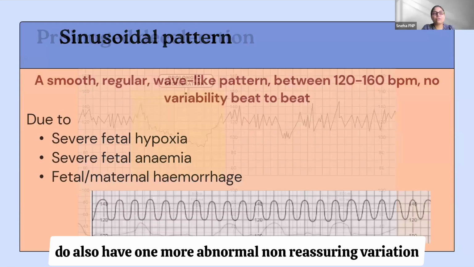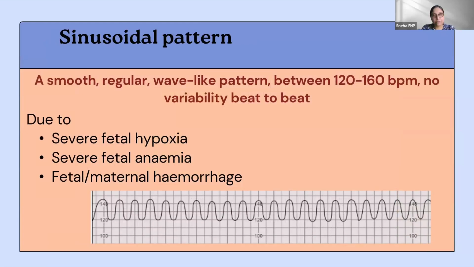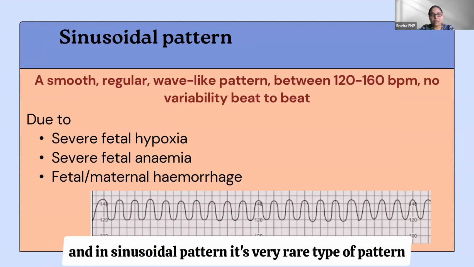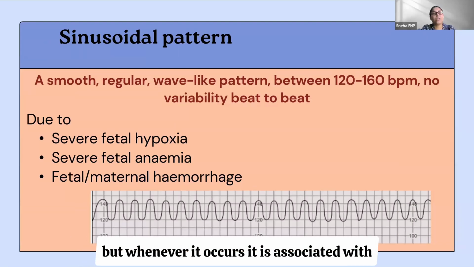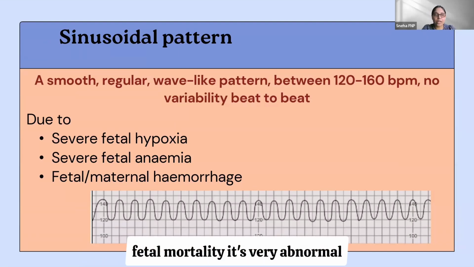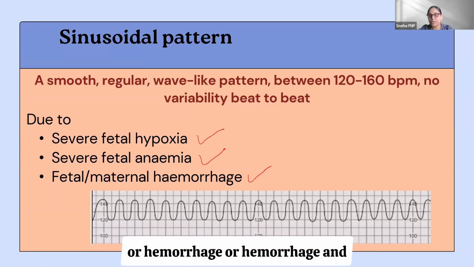We also have one more abnormal, non-reassuring variability pattern, the sinusoidal pattern. It's a very rare type of pattern, but whenever it occurs, it is associated with fetal mortality. It's very abnormal, and it occurs because of fetal hypoxia, fetal anemia, or hemorrhage.